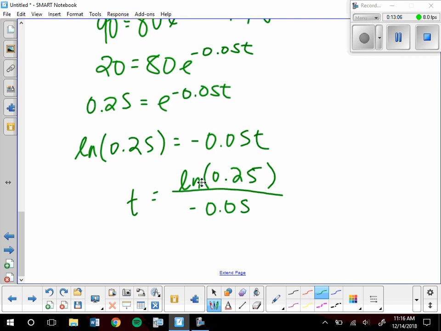And you can use a calculator to see that I have approximately 27.726 minutes before my coffee becomes too cold for me to drink. I know that was a lot of steps, but I hope you see that it's exactly what we did yesterday, just in a context, separating those variables.